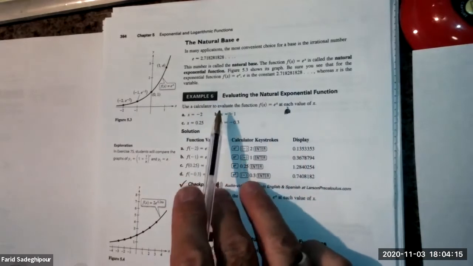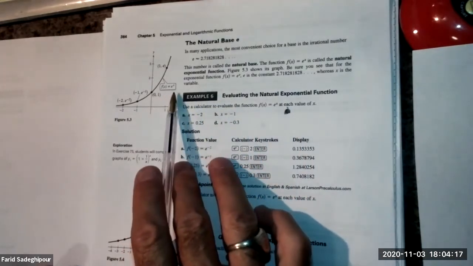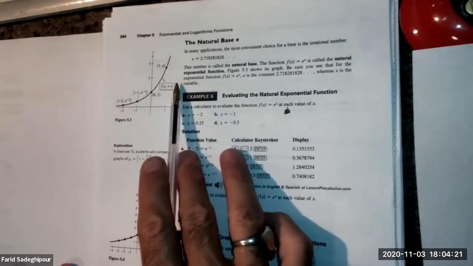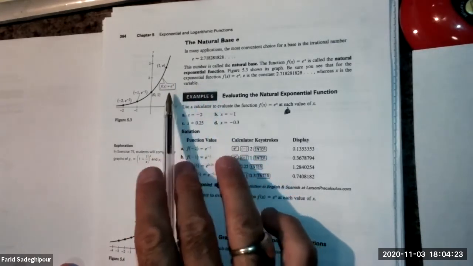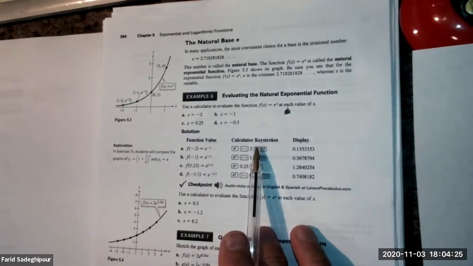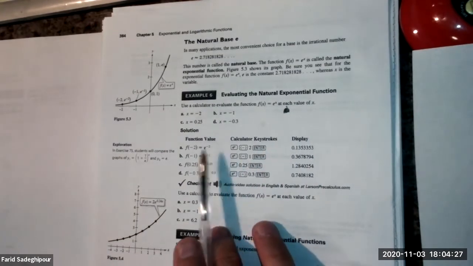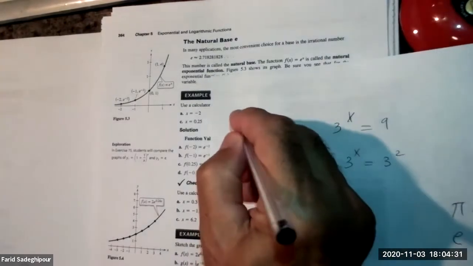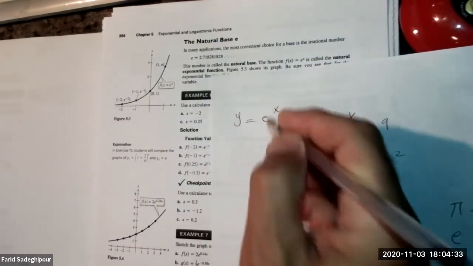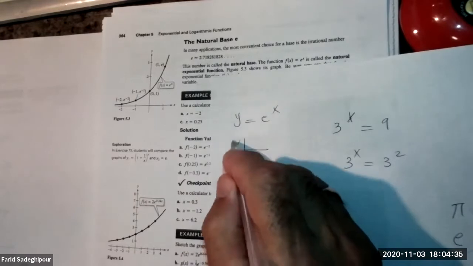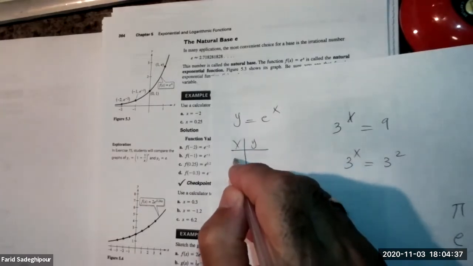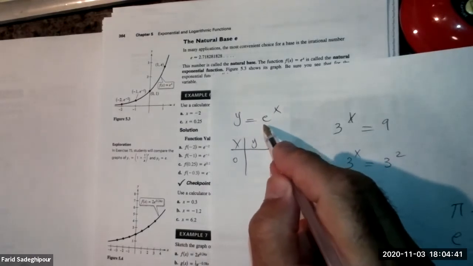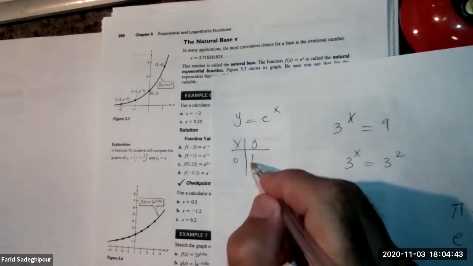Now you want to graph e to the x, which is like 2.7 to the power of x. In that case, when you want to put in some numbers, for instance, if you're asked to graph e to the x and you put some value for x, when x is 0, e, which is 2.7, to the power of 0 is always 1.